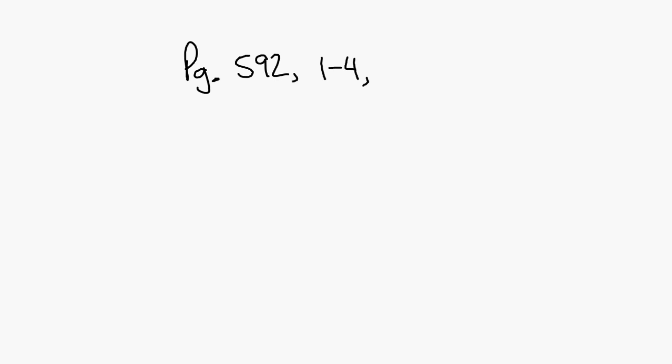Make sure you show all your work. That means you have to write a proportion for each problem. You don't have to draw the triangles, but you do have to write a proportion for each problem. Okay? On a clean sheet of paper with your name on it. Page 592, 1 through 4, and 12 through 17. And then be sure to show all of your work.